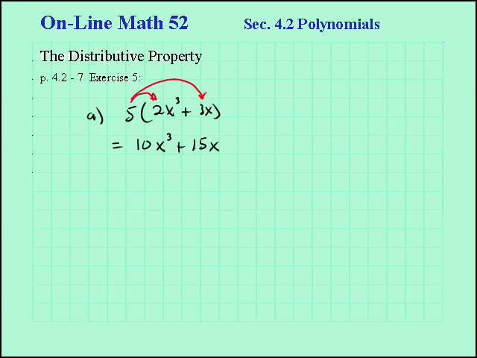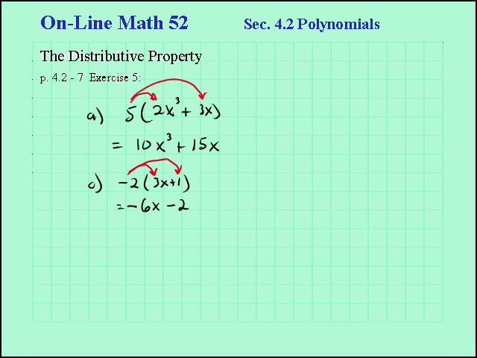Let me skip ahead to letter C, and it says we have a negative 2 times 3x plus 1. Again, we're going to distribute not 2, but negative 2. And we have to multiply negative 2 times positive 3, which is a negative 6x. And negative 2 times positive 1 is a negative 2, or minus 2.